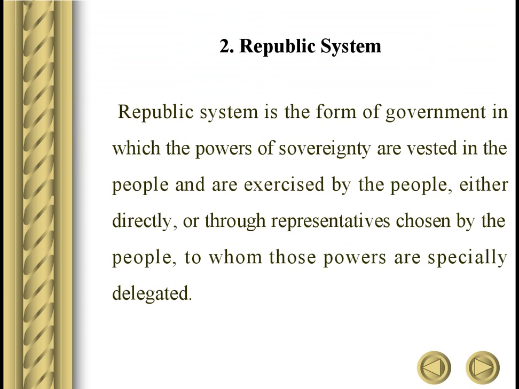The word republic derived from the Latin res publica, or public thing, referring to a form of government where the citizens conduct their affairs for their own benefit rather than for the benefit of a ruler.